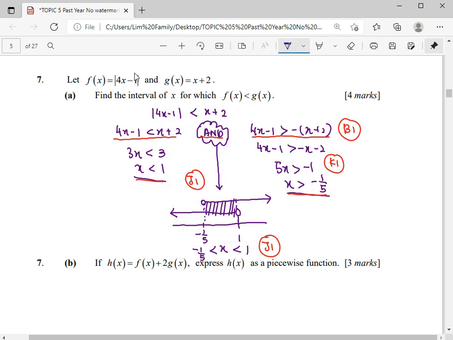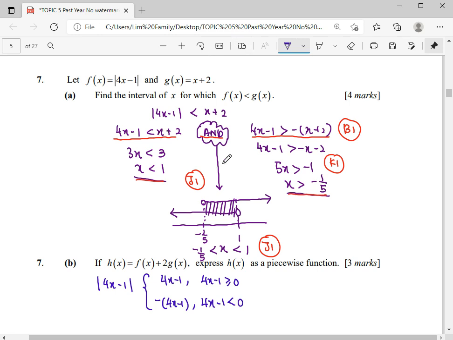Taking our modulus function here, where the modulus of 4x minus 1 can be expressed in piecewise, meaning into two parts. One part is positive when this 4x minus 1 is greater than or equal to 0, and one part is negative when this 4x minus 1 is less than 0.